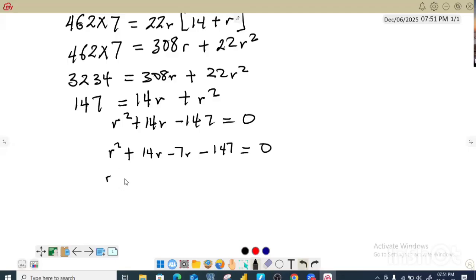So we can have r into r plus 14 minus 7 into r plus 14. So r equals 7 centimeter, because it cannot be minus 14.